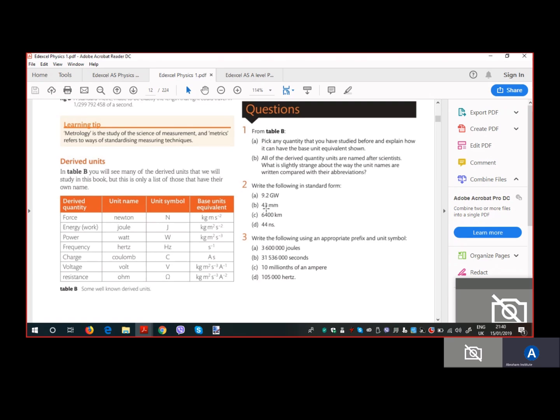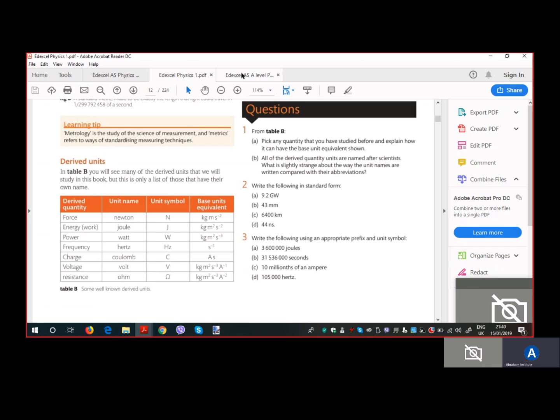Now this thing, 43 millimeter. Milli is 10 to the power minus 3. But remember, that is not the final answer. You have to write it in standard form, also called scientific notation, which means your decimal point should be after the first non-zero digit. So 4.3 times 10 to the power minus 4.